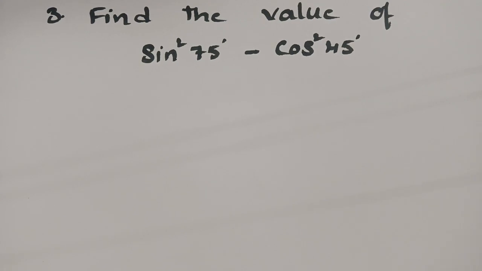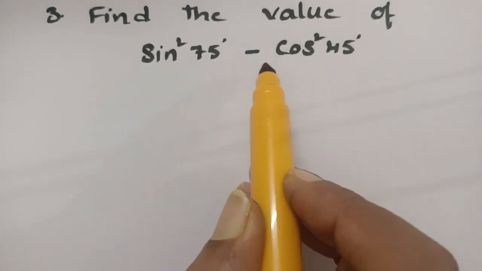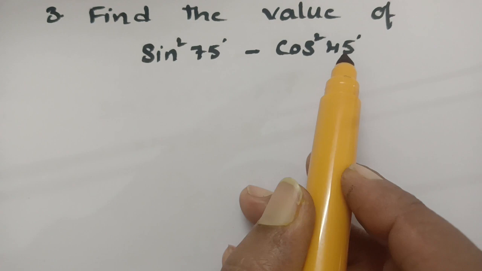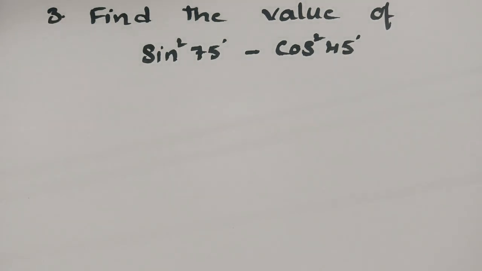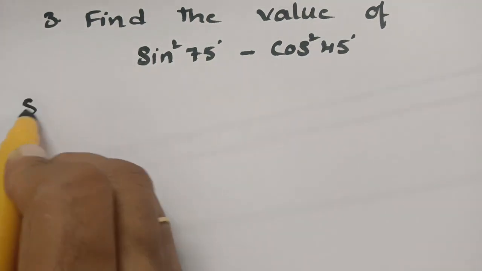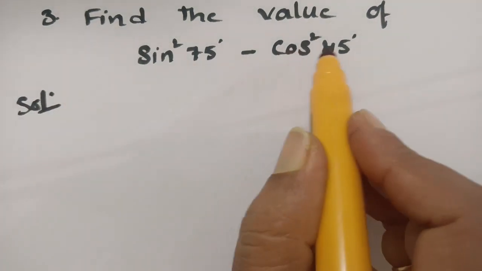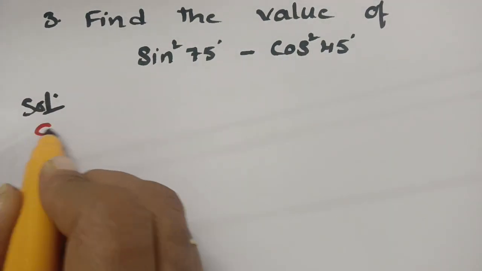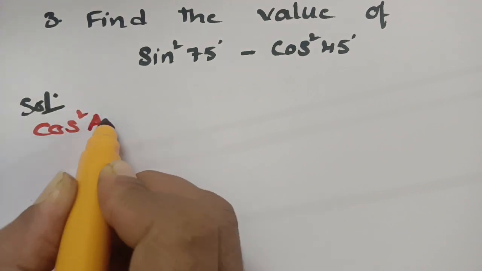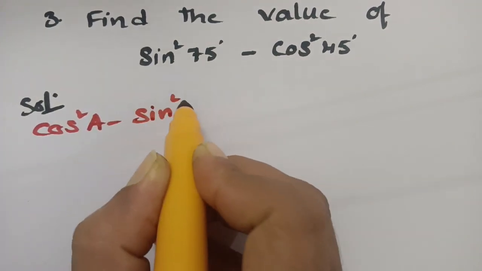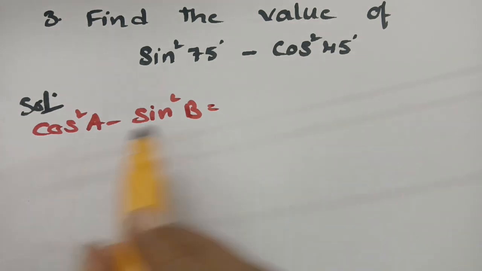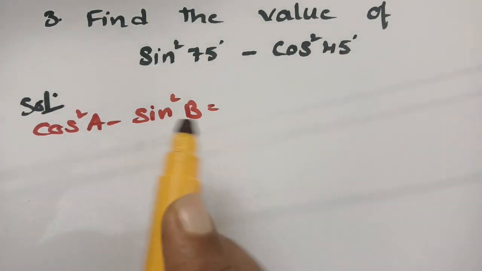we have to find out the value of sine square 75 minus cos square 45. Clearly there is a formula which starts from cos square, so I'm using this one, that is cos square a minus sine square b.